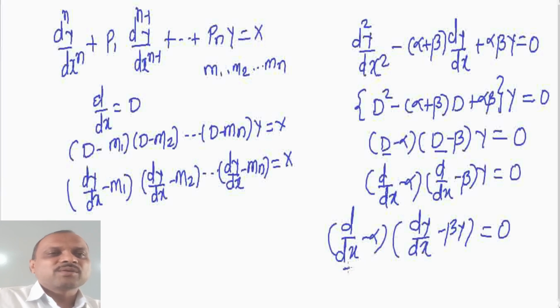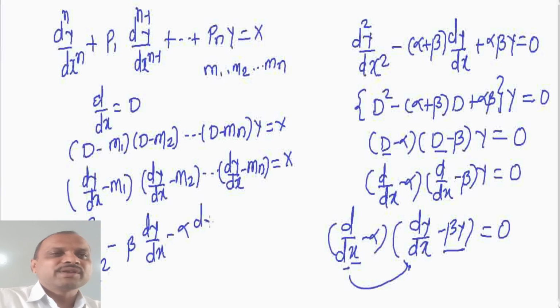D operating on dy by dx gives a second order derivative, d2y by dx square, minus beta into d by dx on y, so beta dy by dx, minus alpha dy by dx, plus alpha beta y equal to 0.